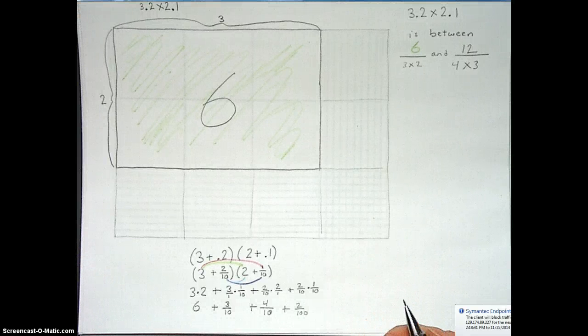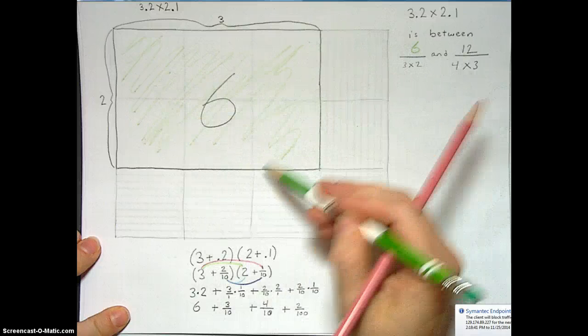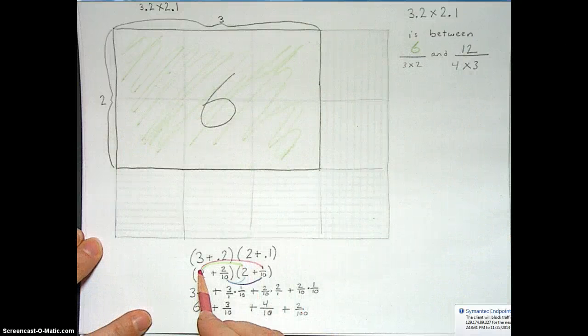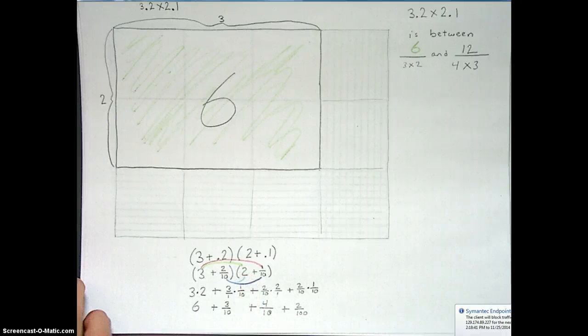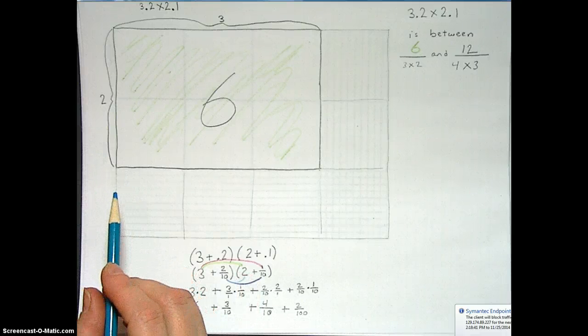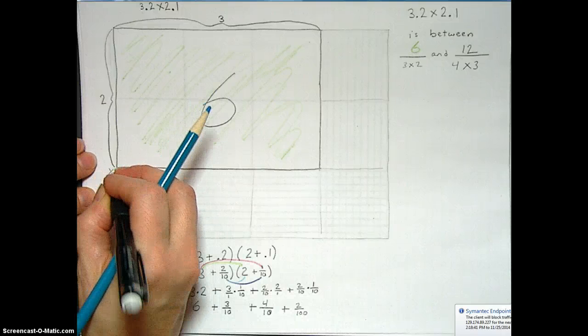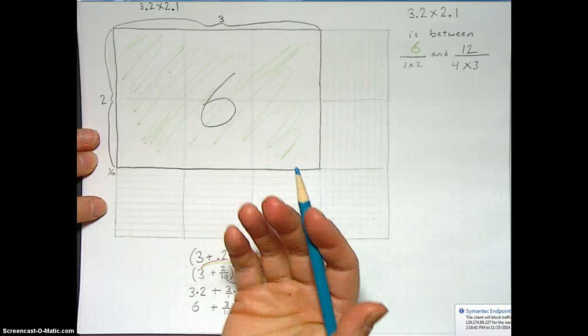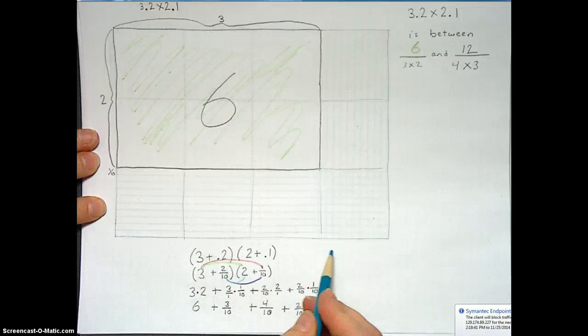Let's show where all that stuff comes from in our area model, and then we'll simplify and get our exact answer. So let's first look at the first piece we already did. This one, that was the 6, okay? And then we need to look at the 3 times the 1 tenth. 1 tenth is just 1 little tenth. You can see through, I can tell on the video, that there's 10 lines drawn out here underneath.